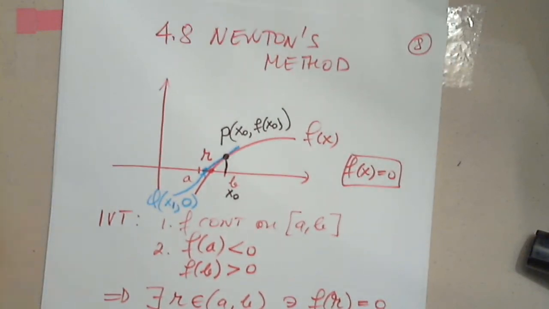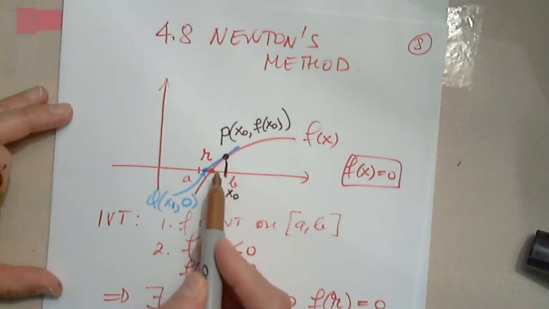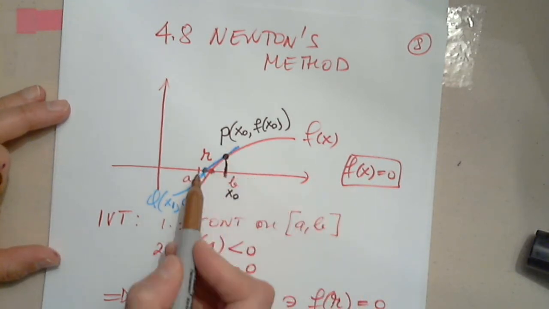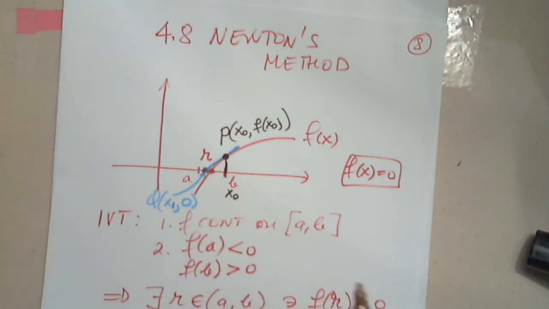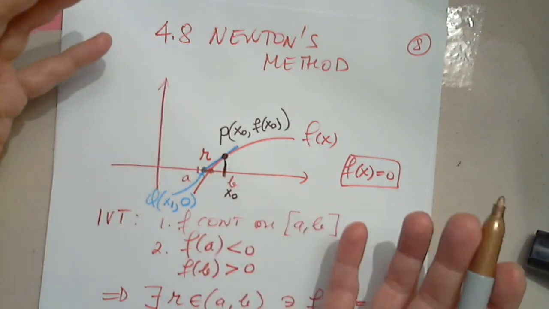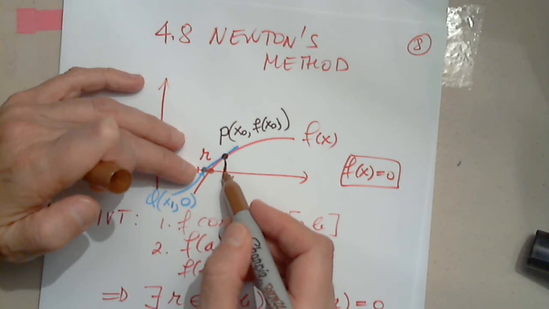So the reason is this. If I start with x0, which is this far away from the solution, and I get now x1, which is this far away from the correct solution, obviously x1 is a much better approximation of the solution. It's still not good, but it's definitely better than this one that I started with.